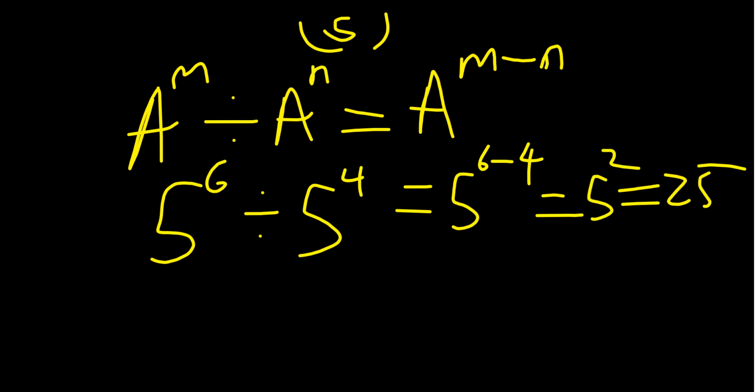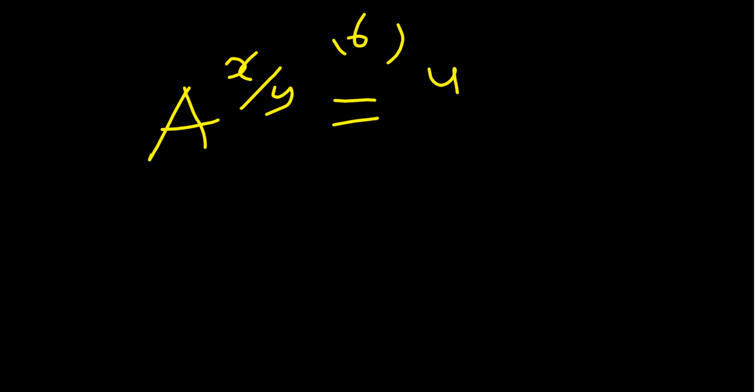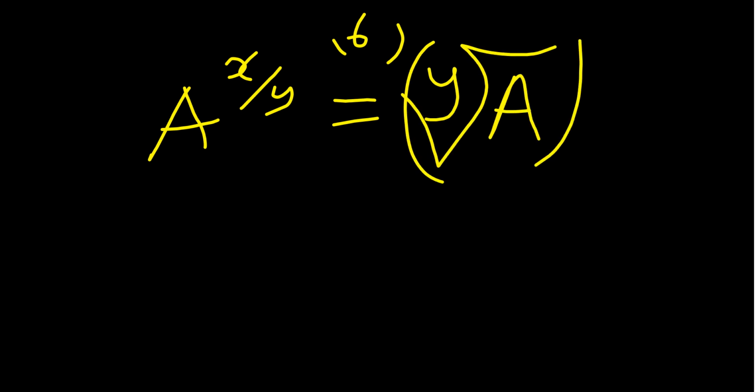Now you want to go to rule number 6. So rule number 6, what does it say? It says if a base is raised to a power of a fraction, this is more technical than everything that we may have seen. If you raise any number to a power of a fraction, what does this mean? It means the x-th root of the number a, all raised to power y.